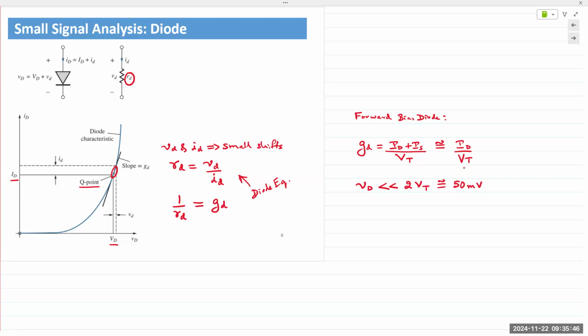An accepted value is a ratio of 10, so VD must be less than 5 millivolts in order to be considered small. And that is the diode small signal model.